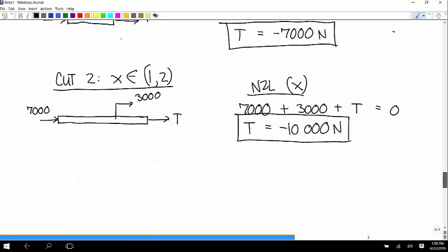Okay, well, the elongation is going to be equal to the elongation on the first half, call it piece 1, plus the elongation on piece 2. We can break this up into two pieces.